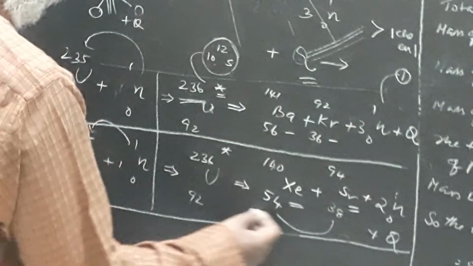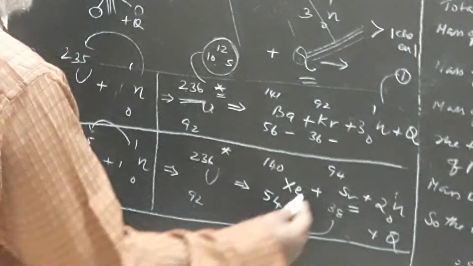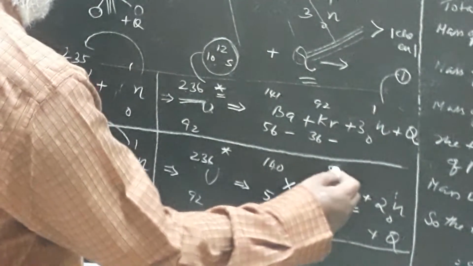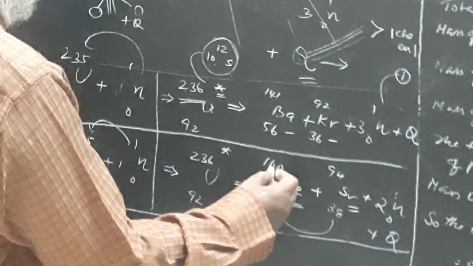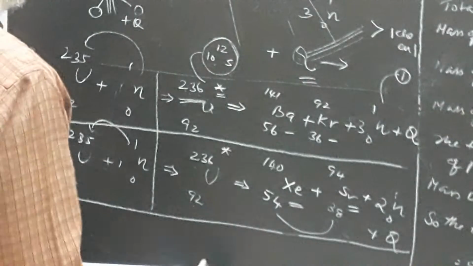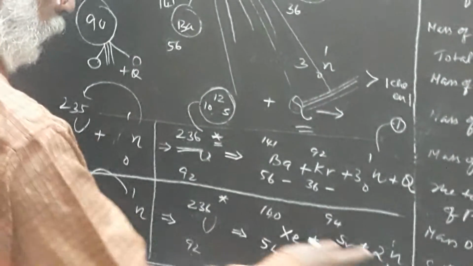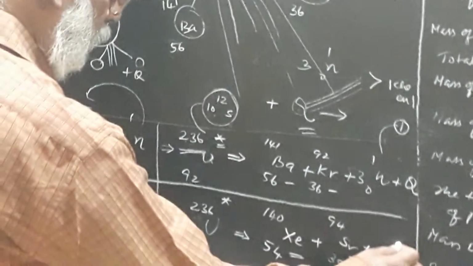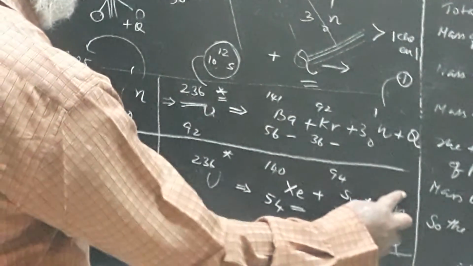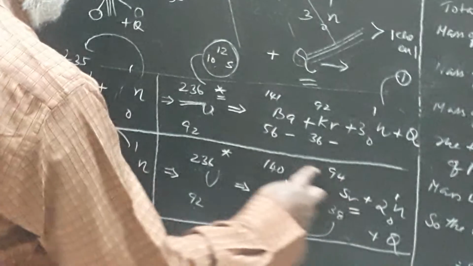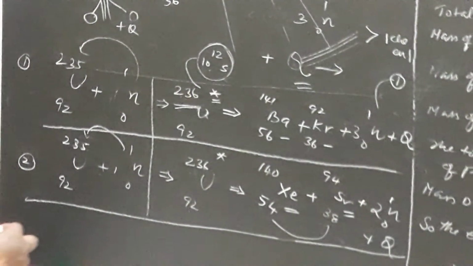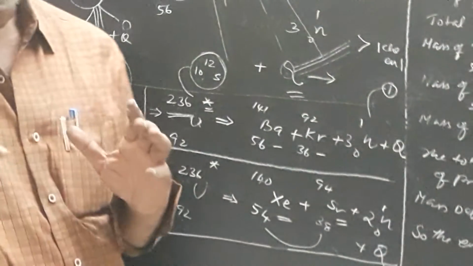If you are adding these two, 92, no problem. Here, mass numbers 94 and 140, that means 234. Remaining 2, that is why 2 neutrons are produced. If you are adding 94 and 140 and 2, that gives 236.